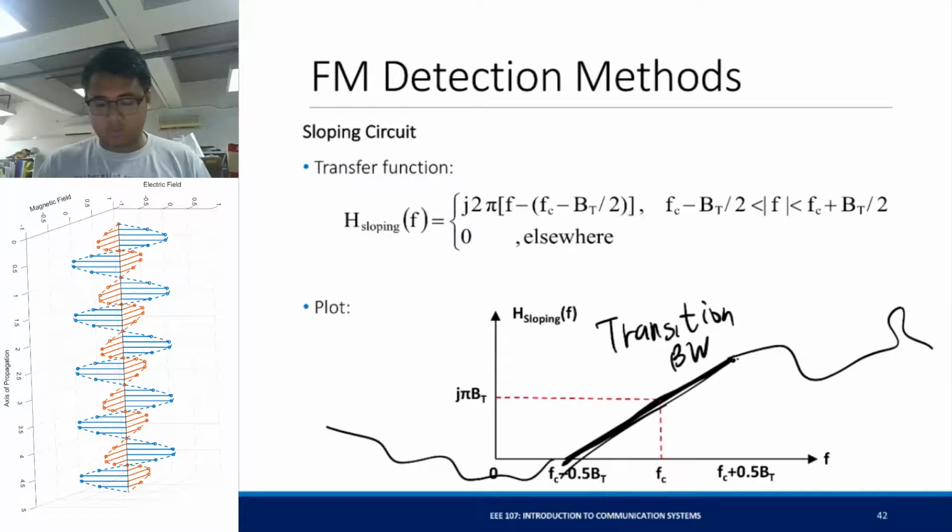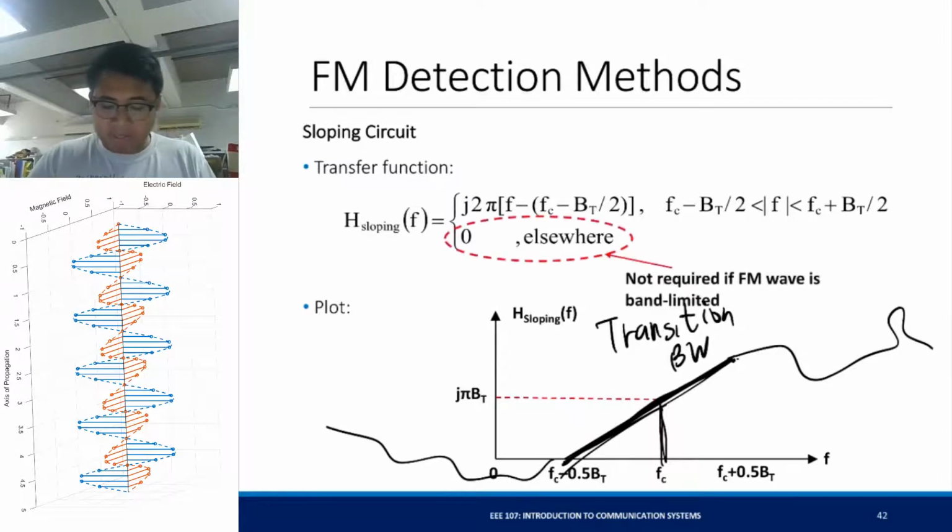Okay? So if you have a linear slope at some point of your filter, you place your FM signal there, okay, and you'll have a linear variation in amplitude.